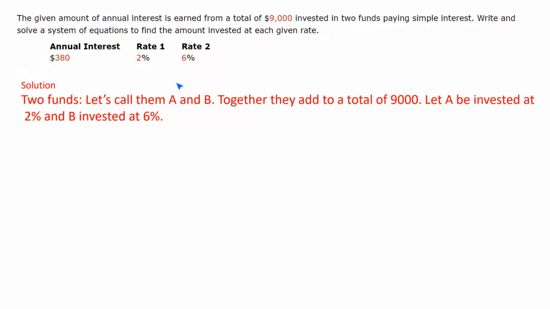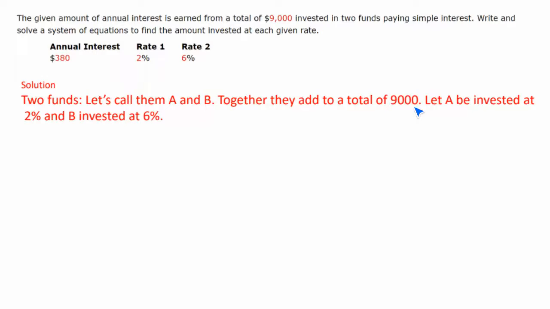Okay, so the first thing is to recognize that you have two different funds. So you can call them A and B because there's two different accounts. And all we know about these two accounts is that they add up to 9,000 because we had $9,000 that we invested.